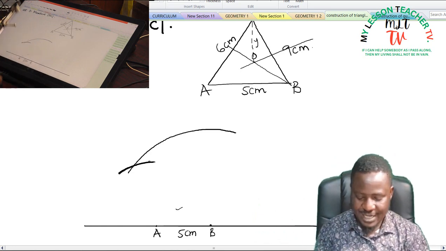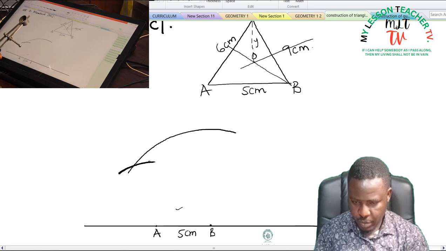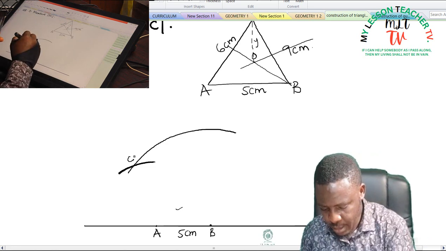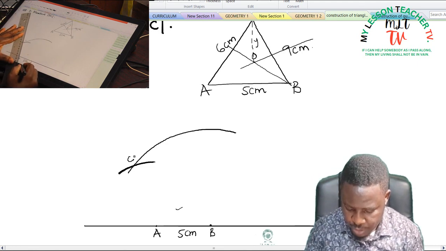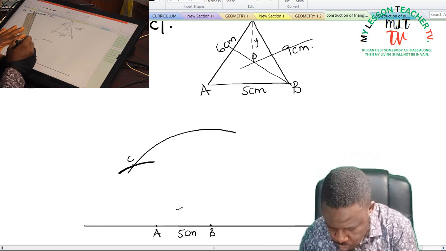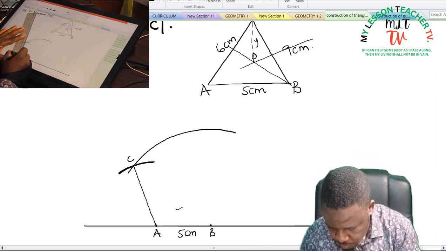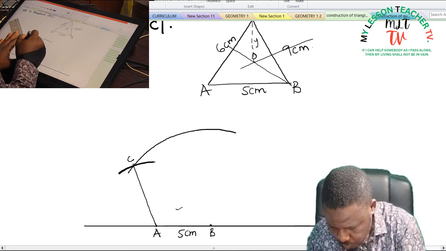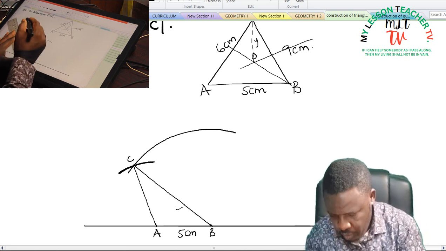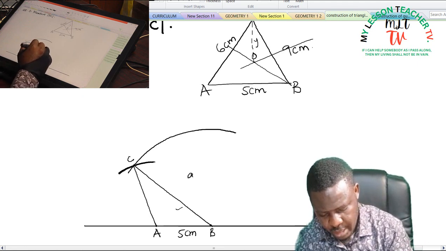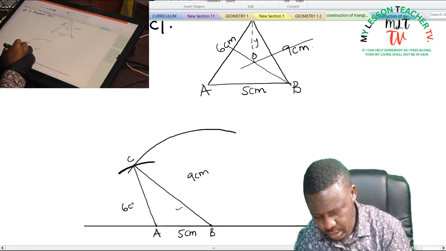So this gives me the 6 centimeters. So therefore, I can now call this point C. You can now join point AC and point BC. So this is your triangle. This is said to be 9 centimeters and this is 6 centimeters.